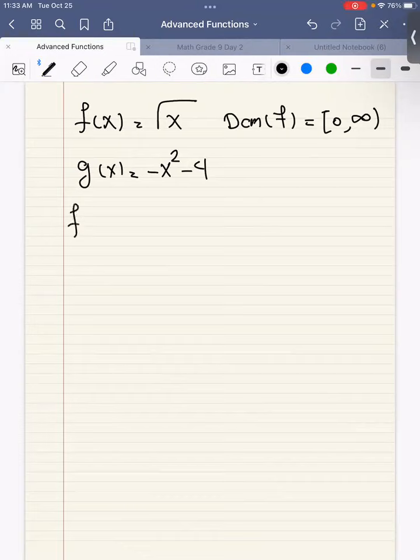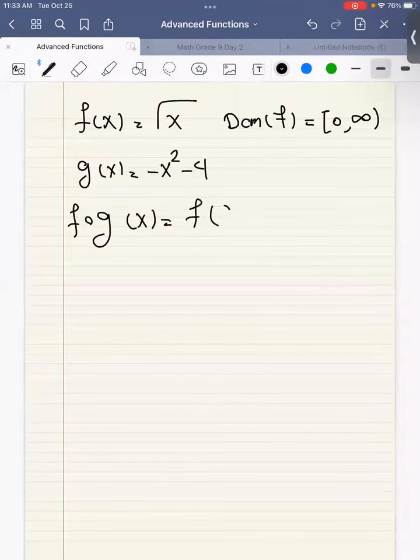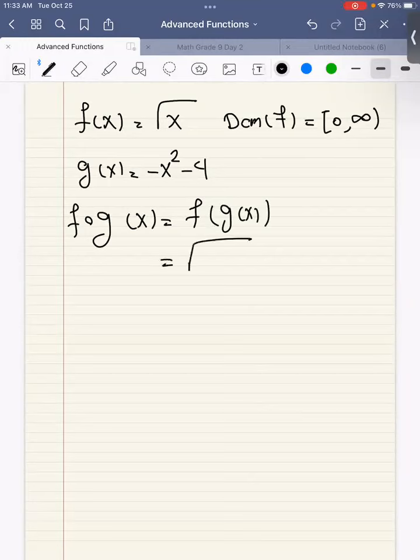then what is f o g? f o g of x, by definition, is f of g of x, which is equal to a square root of g of x, right? And that is equal to a square root of minus x squared minus 4. But this guy, minus x squared minus 4, is always less than or equal to negative 4.